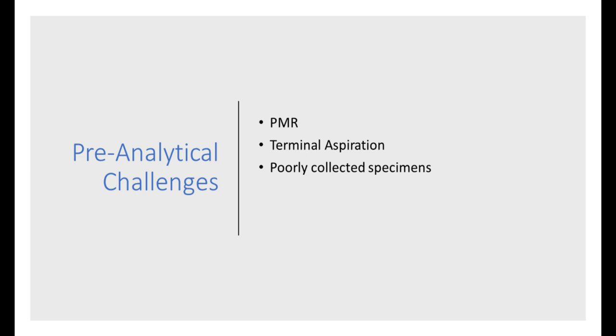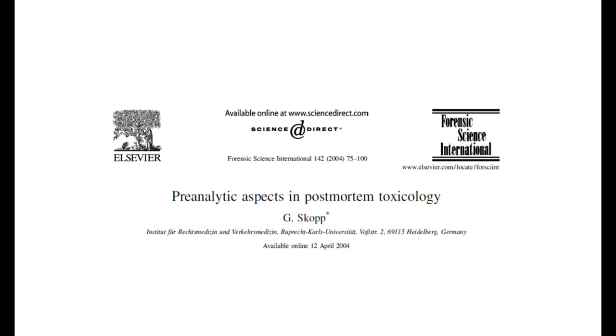In general, the specimens collected at autopsy are no different than any other specimens, although they may have deteriorated somewhat, but the process is still the same for analysis and reporting of concentrations. It's the interpretation that you have to worry about.